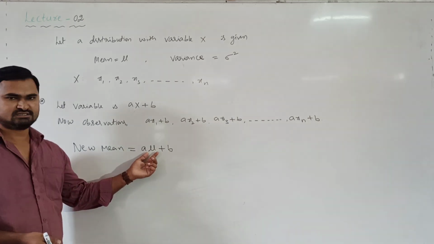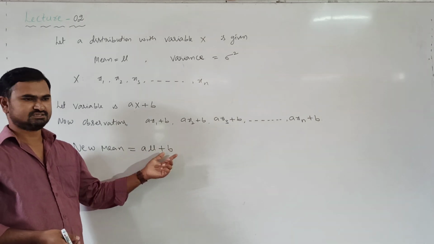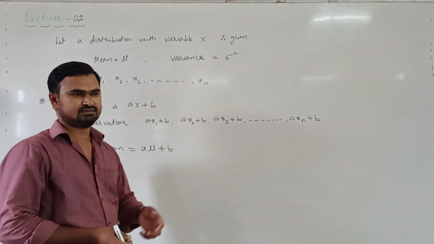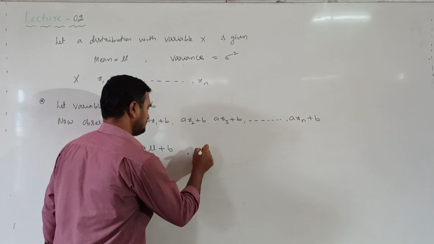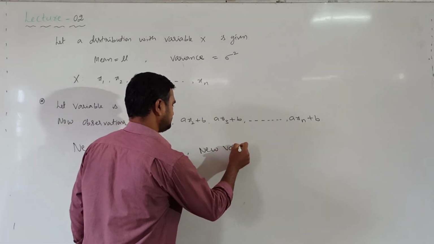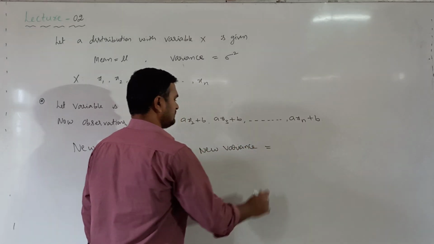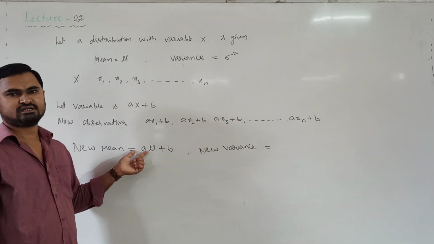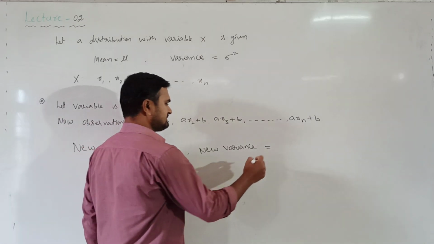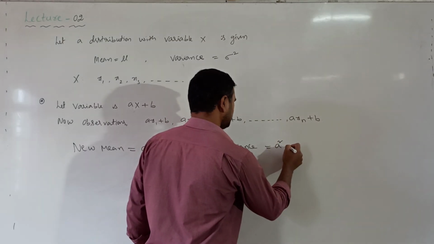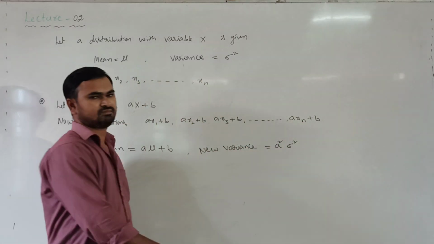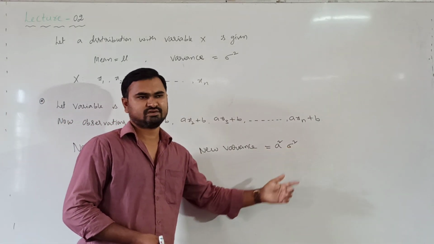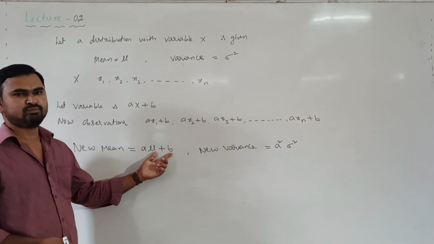The mean also gets multiplied by a and then added to the constant b, whereas the new variance is affected only by the constant multiplied, that is a. So the new variance is a square times sigma square, whereas the new mean is a mu plus b.